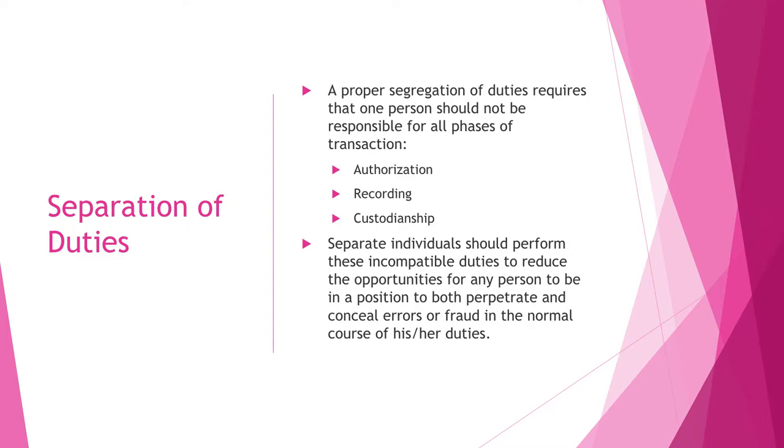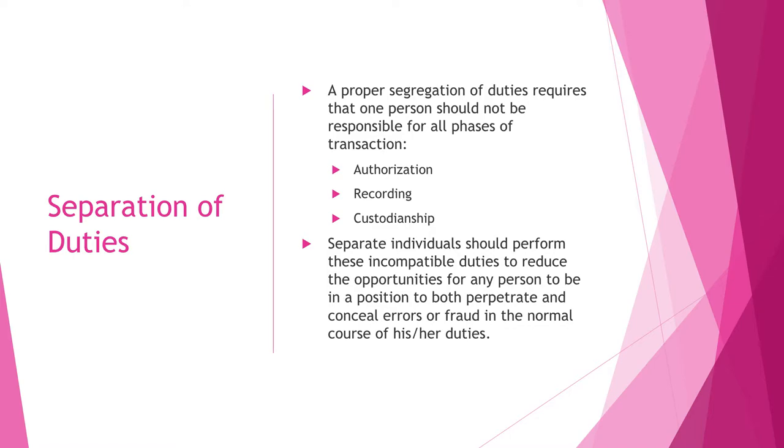We call it incompatible duties, meaning they cannot be assigned to one person, to reduce the opportunities for any person to be in a position to both perpetrate and conceal errors or fraud in the normal course of his or her duties. Kasi nga, if you are the one in charge of the recording and you also have custody and you are also the authorizing officer, how would everyone else know that there is something going on if you are perpetrating a crime or fraudulent act?